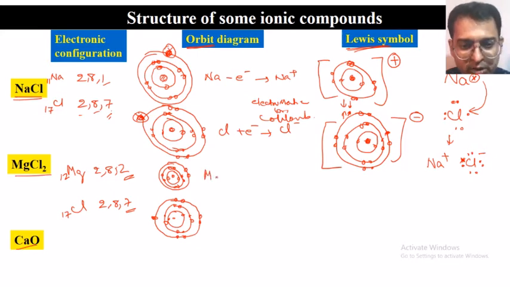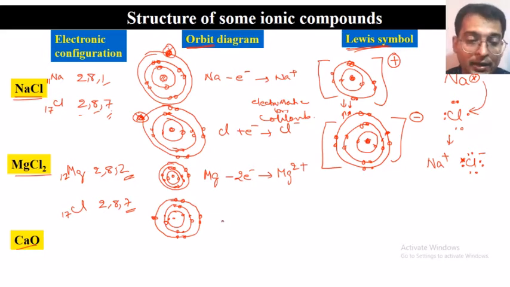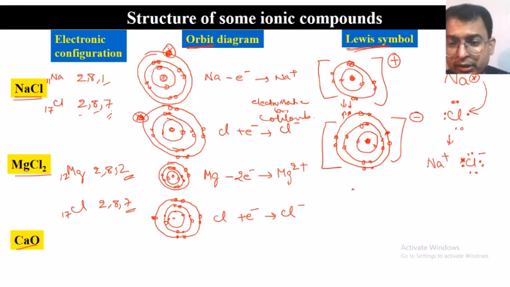So magnesium will lose the 2 electrons to form Mg2+. And in the case of chlorine, as we have seen earlier, it will gain the electron to form chloride ion. The same thing when we are representing in the orbit diagram, we will be reducing 2 electrons here.